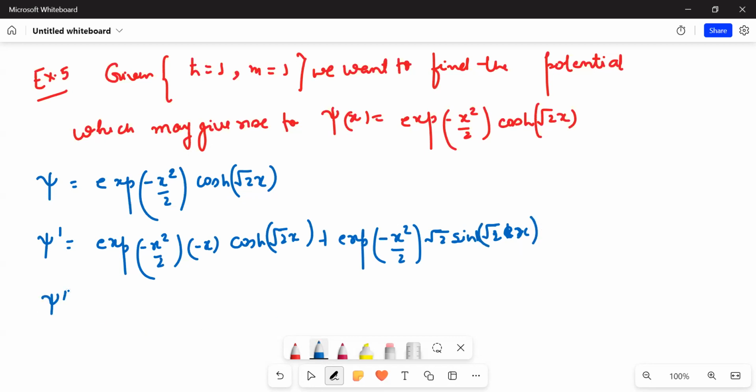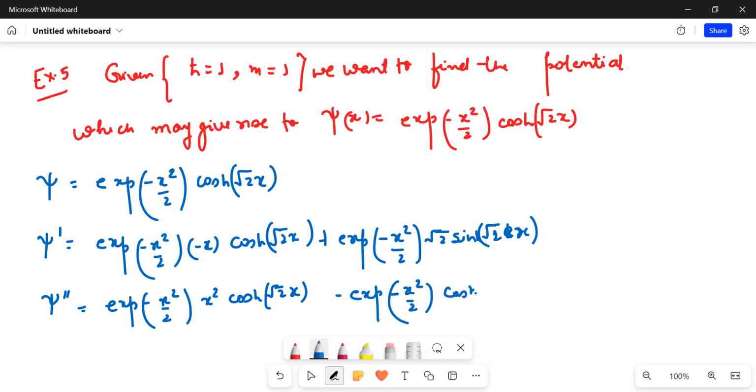Now, if I want to take the second derivative, it would be simply equal to exponential of minus x square upon 2 times x square cos hyperbolic root 2x, minus exponential of minus x square upon 2 cos hyperbolic root 2x, minus root 2x exponential of minus x square upon 2 sine hyperbolic root 2x.